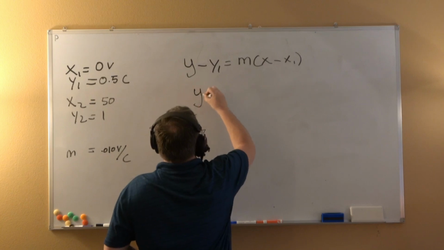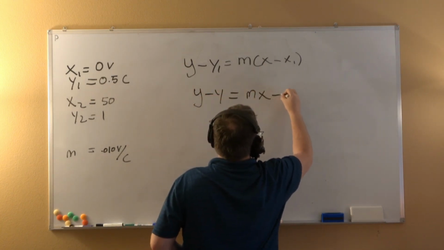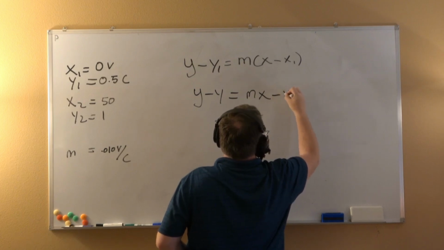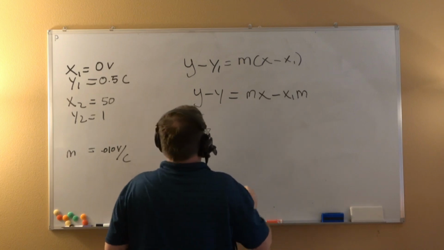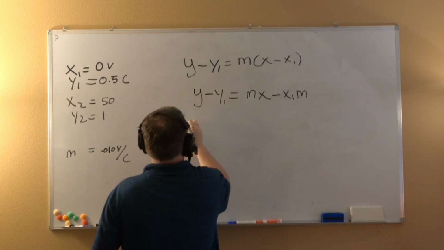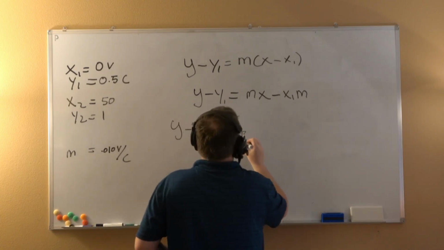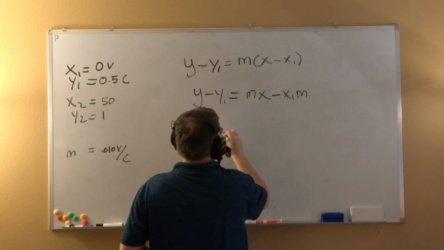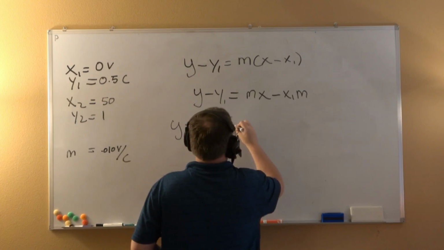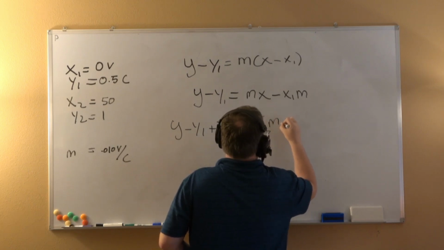You go Y minus Y1 equals M times (X minus X1), which is MX minus MX1. So let's go ahead and go Y minus Y1 plus X1 M equals MX.